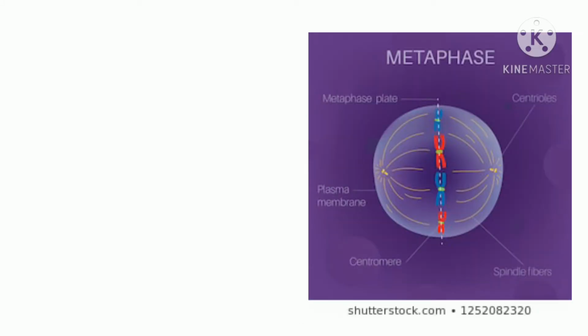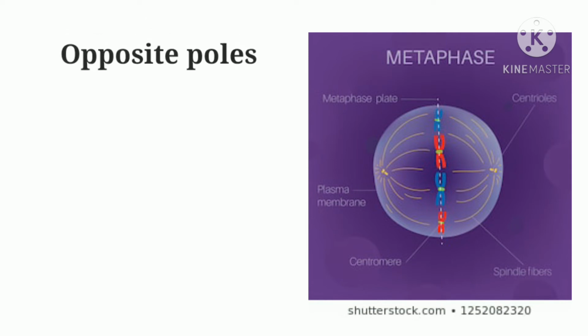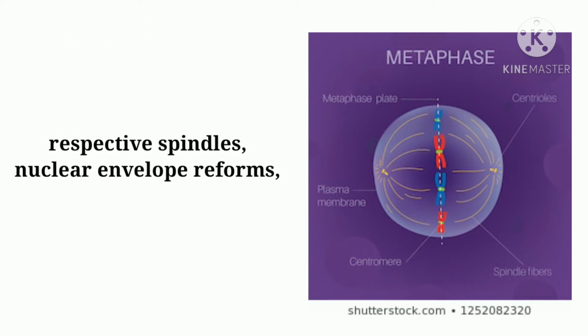Metaphase follows prophase. The chromosomes, which at this point consist of chromatids held together by centromeres, are separated to opposite poles of the respective spindles.